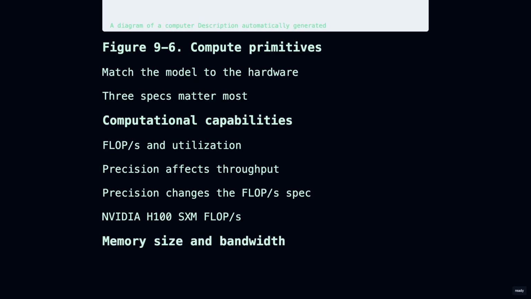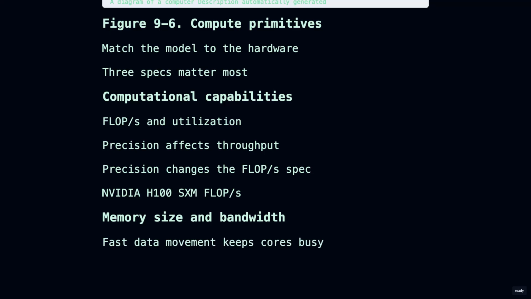Next comes memory. For AI workloads, memory is not just about how much you have, but also how fast the data can move to the compute cores. A GPU can only stay busy if data arrives quickly enough.